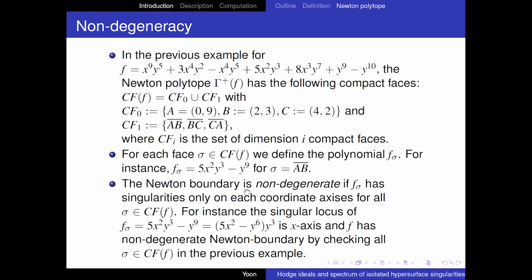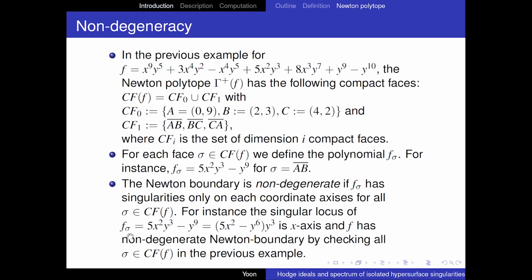Newton boundary is non-degenerate. The concept of non-degenerate is important here now for the calculation. That means for each face sigma, we get a polynomial f sigma. If f sigma has singularities only in the coordinate axis, then we call that non-degenerate.